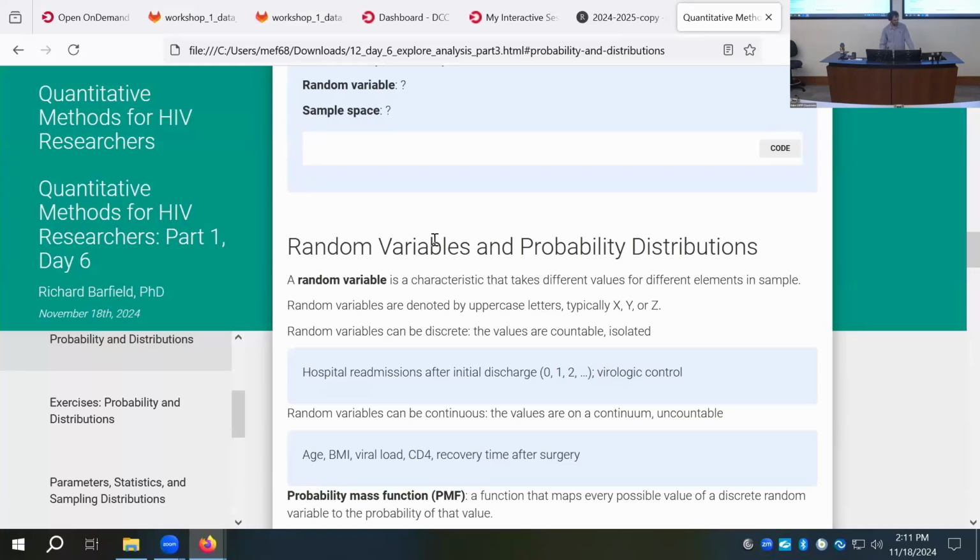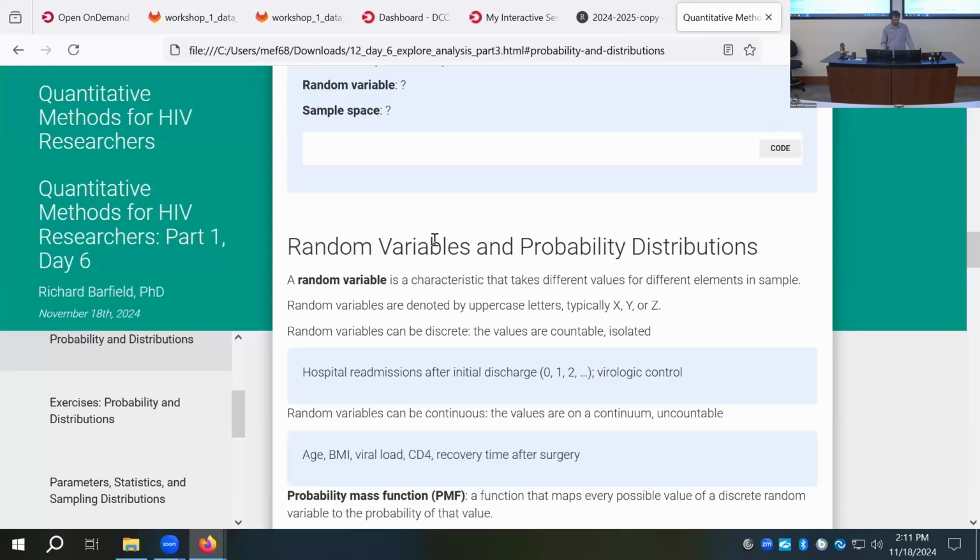It's unlikely that someone's going to get to 1,000 readmissions, but theoretically you can picture it. Or that virological control: are they controlling the HIV, is it less than 50, or less than whatever the lower bound of the machine is?